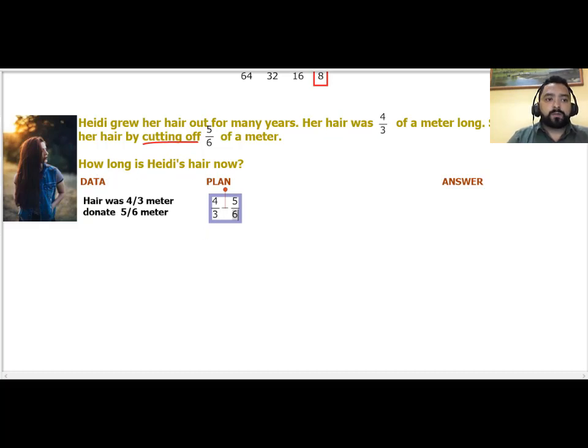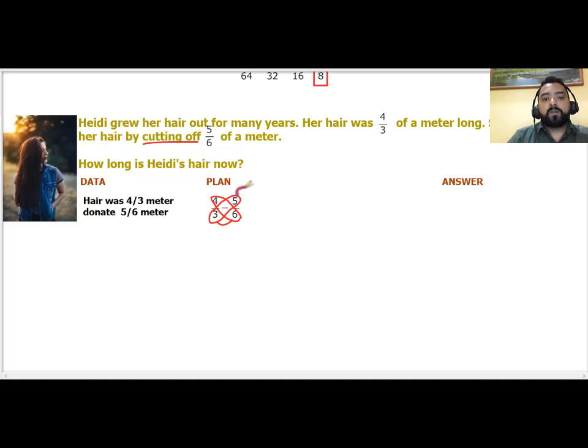So we are going to solve this operation using cross multiplication and a smile. But in this case, I'm going to use the butterfly. 4 times 6 is 24. And 3 times 5 is 15. And then 3 times 6.